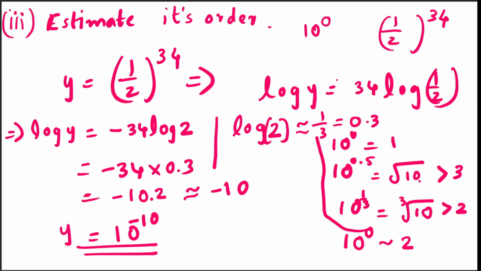Okay, square root of 10 should be greater than 3, and cube root of 10 should be slightly greater than 2, because cube root of 8 is 2. So we can take it to be 2, because only that much accuracy is needed, since we just need to find the order. So putting the value, what we get is y is equal to 10 raised to minus 10.